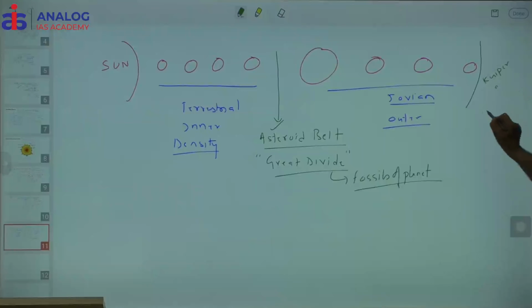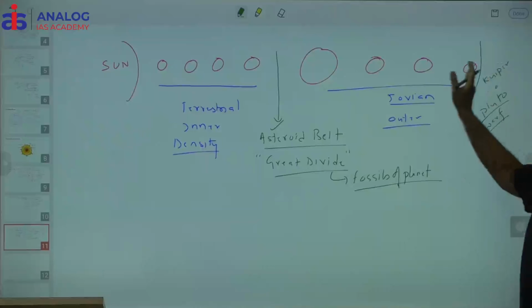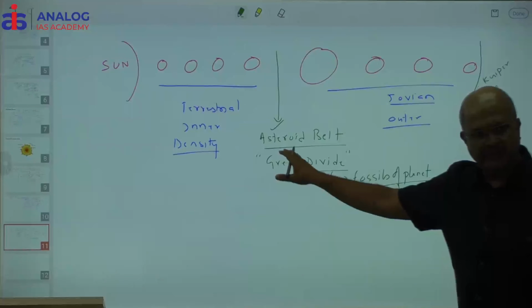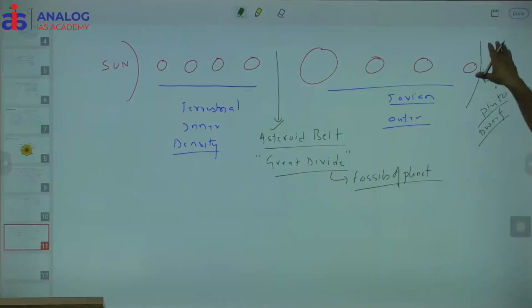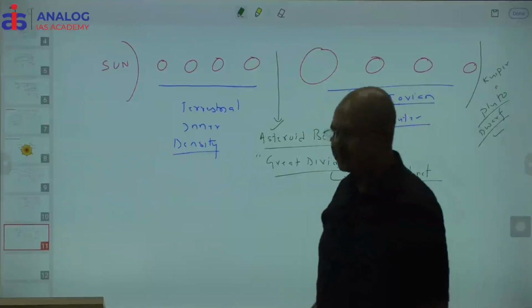We are having dwarf planets, asteroids. That clear? The largest object is in the Kuiper belt.